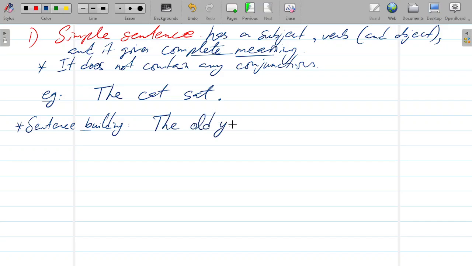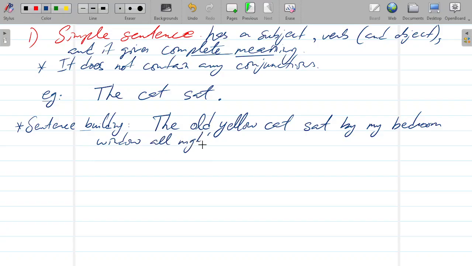The old yellow cat sat by my bedroom window all night, meowing loudly.